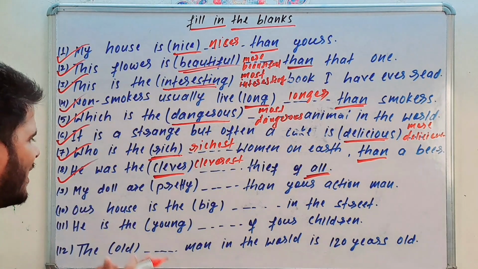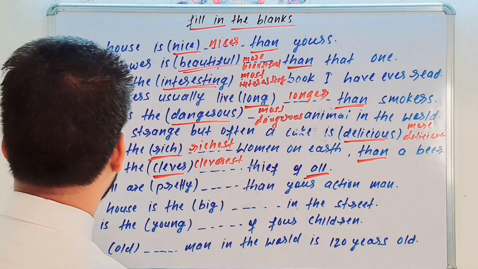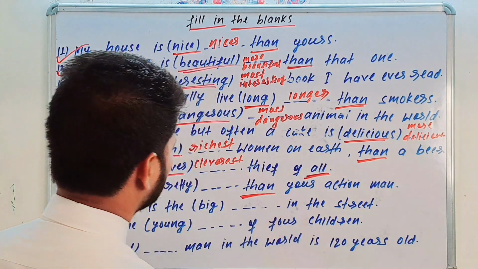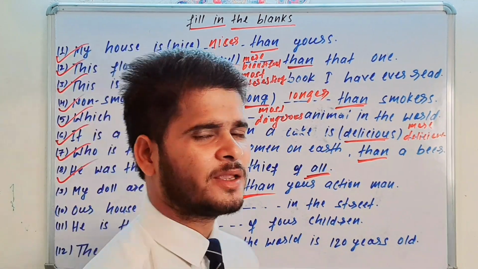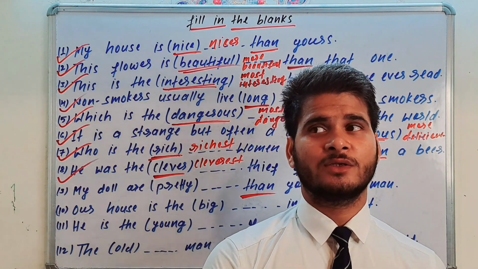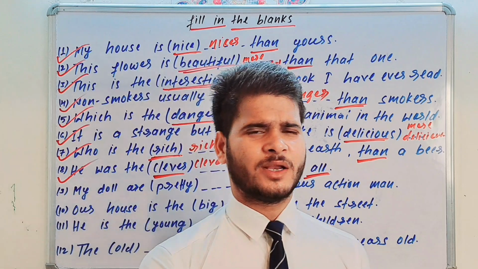Ninth one. My doll is dash than your action man. Here, than is used. So basically than is used in comparative degree when we compare one to others. I have discussed that in comparative degree.